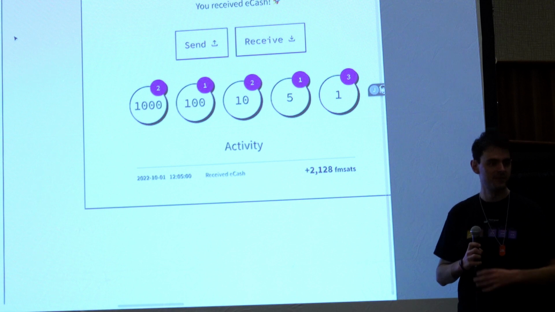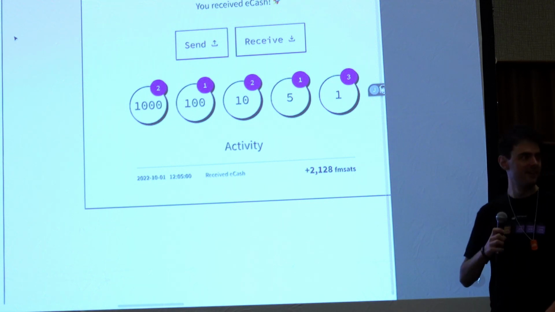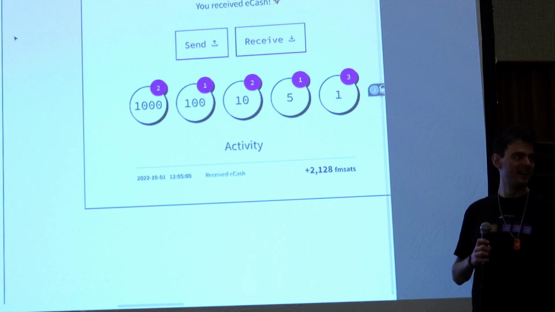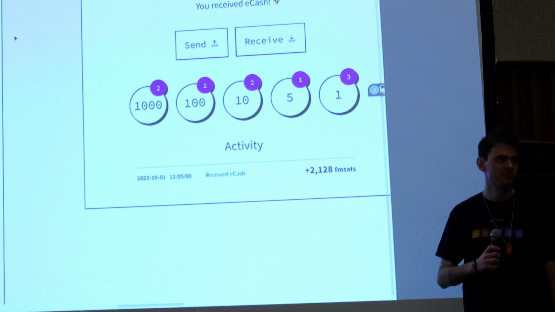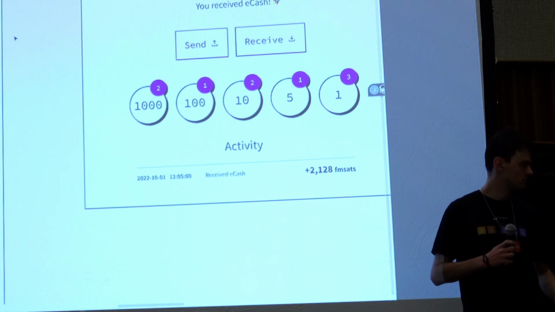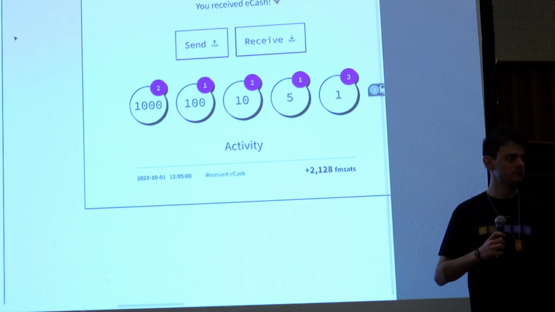I think the FM sats, I mean, we don't want to bike shed, but that's a really interesting thought there. Like, hey, let's be clear that these are not sats that you own in a sovereign way that is typical of Bitcoin. I forget who was talking about this.